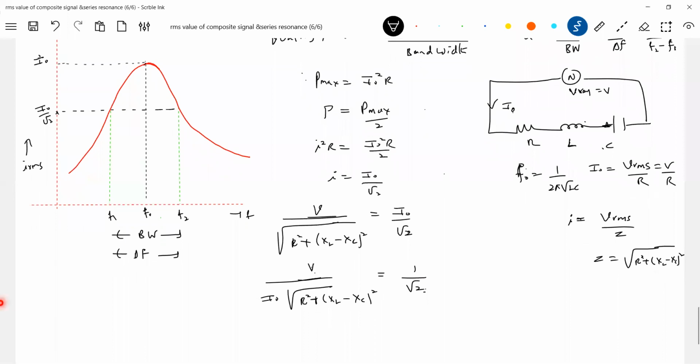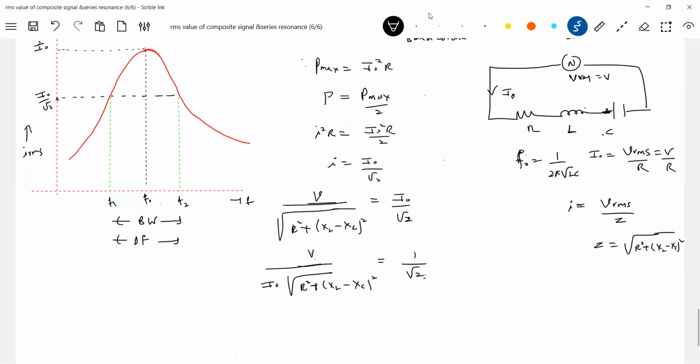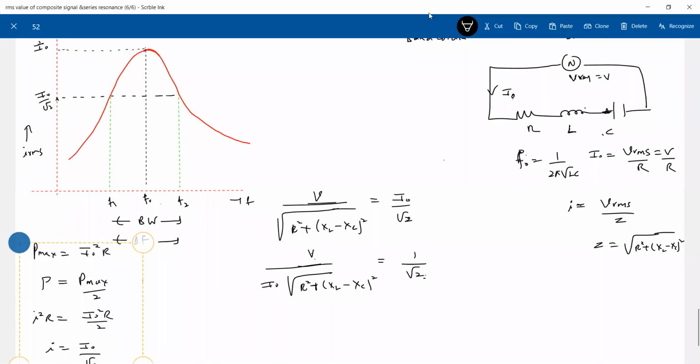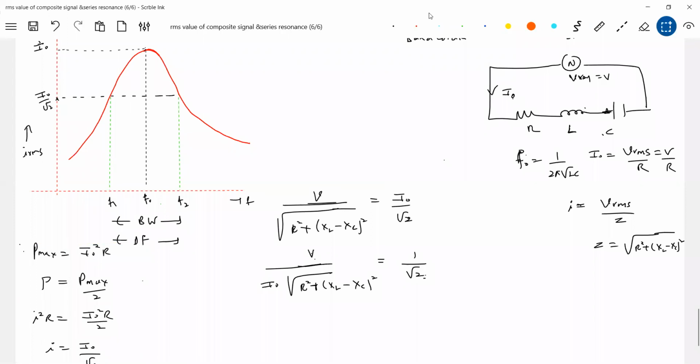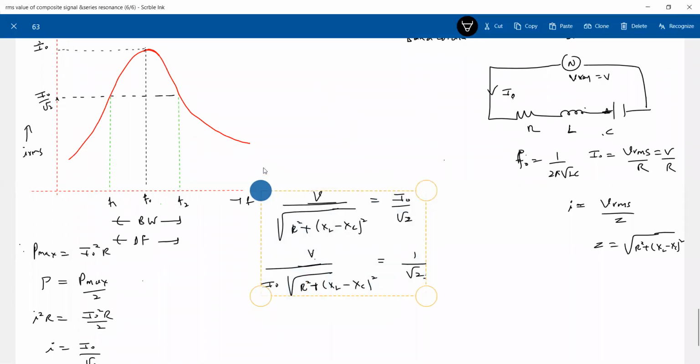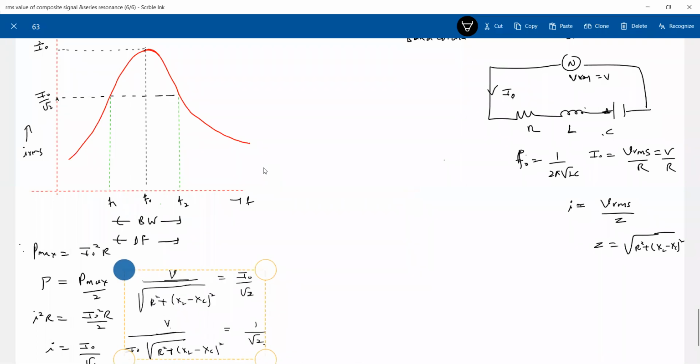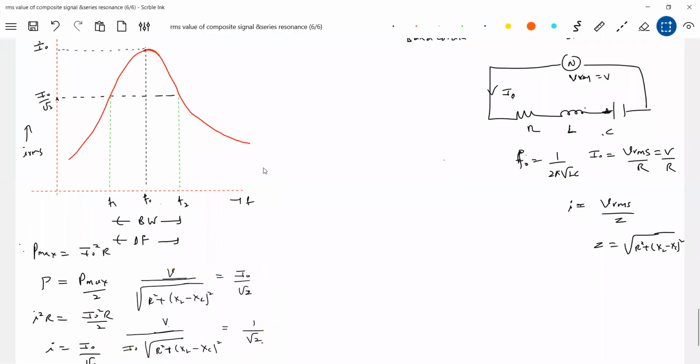I need a lot of space here. So V by I naught, I'll write it as R. So root 2R is equal to root of R square plus (XL minus XC) whole square.